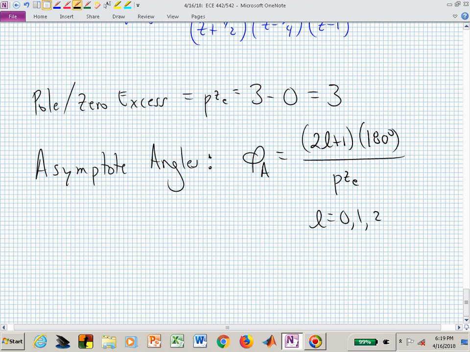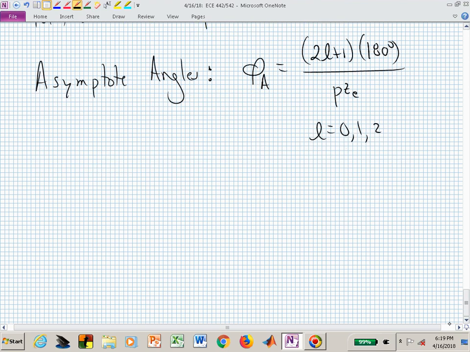This math is over the top in terms of complex, isn't it? 3 minus 1. Not much of a joke, was it? So, what's the fundamental angle? L equal to 0, 60 degrees.